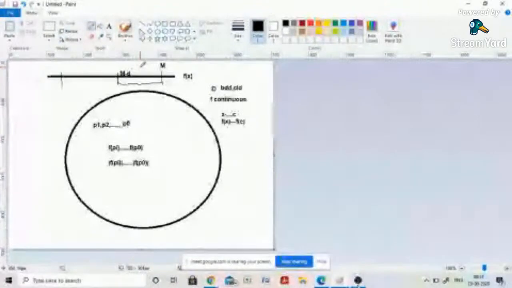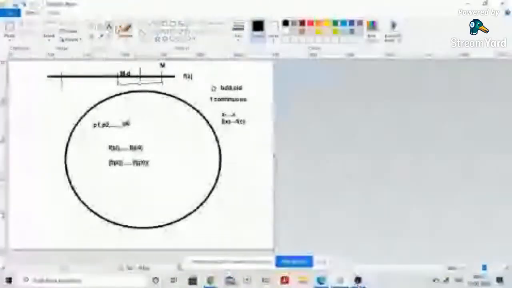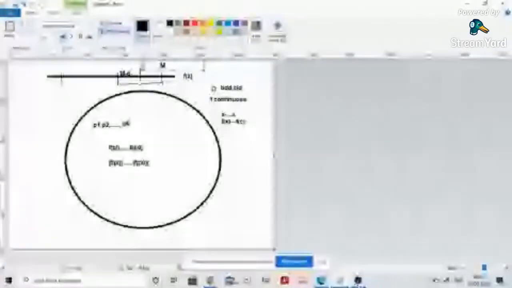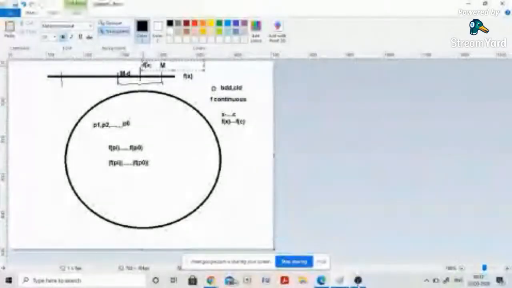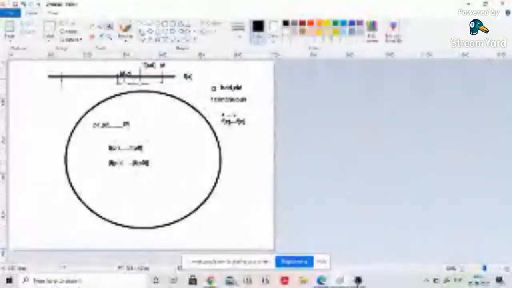We can find an x delta in such a way that f of x delta belongs to that interval. f of x delta is in between m minus delta and m.